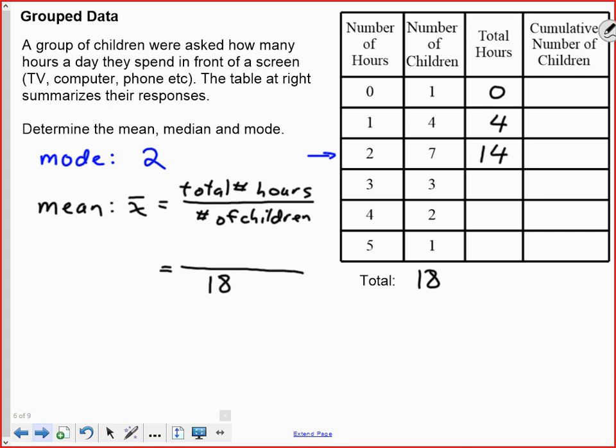Then our 3 threes, which give us a total of 9 hours, 2 fours, which give us a total of 8, and then 5 hours from this last person who watched 5 hours. We can just add up the total number of hours, 18, 27, 40. So our mean value is going to be 40 divided by 18, or 2.2.